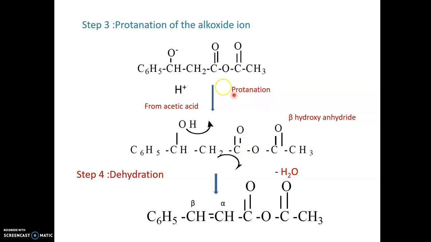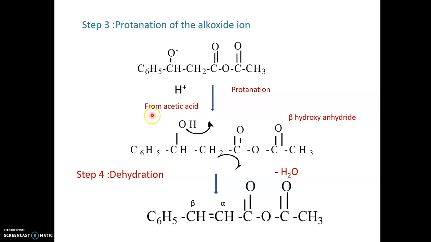The next step is the protonation of the alkoxide ion. So this is the alkoxide ion where an oxygen is carrying a negative charge. This undergoes the process called protonation, or the addition of a proton. So we know in the first step acetic acid has been formed.